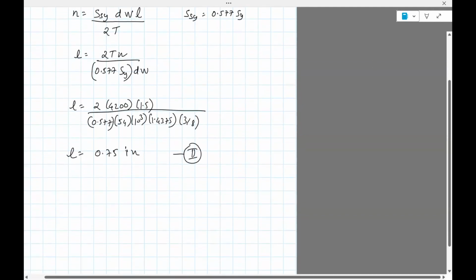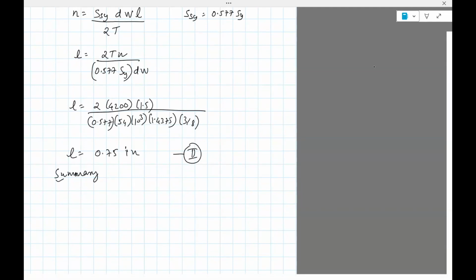Okay, so what we found is, design based on crushing strength, L equals 0.866 inch.